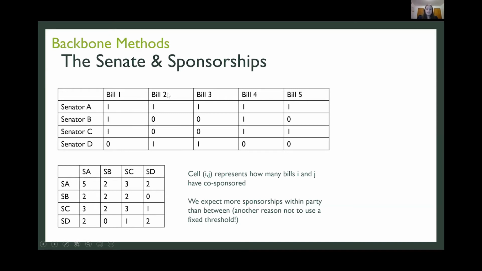When we take this as our bipartite graph and project it, we get a value, say Senator A and Senator C. If they had a value 3, that means they each sponsored 3 of the same bills. So they co-sponsored 3 bills.